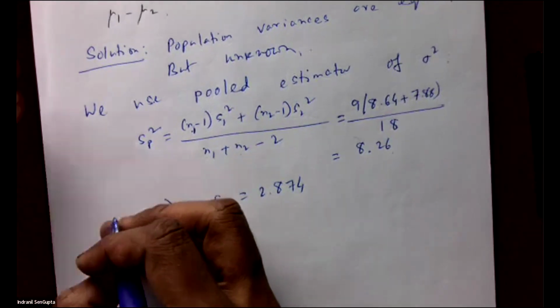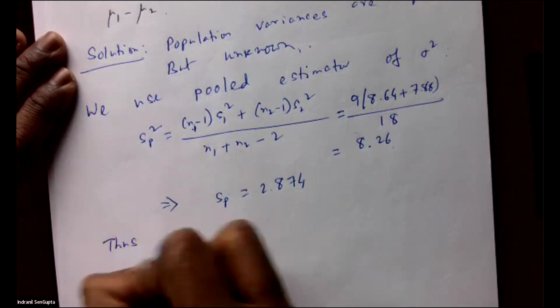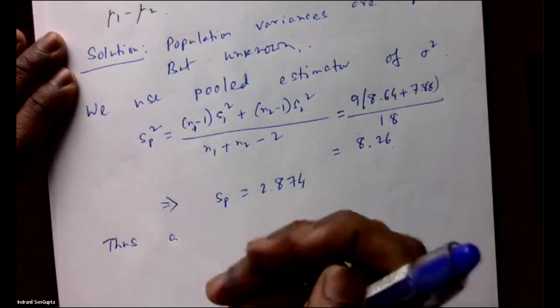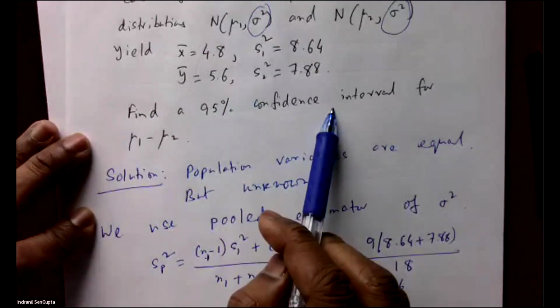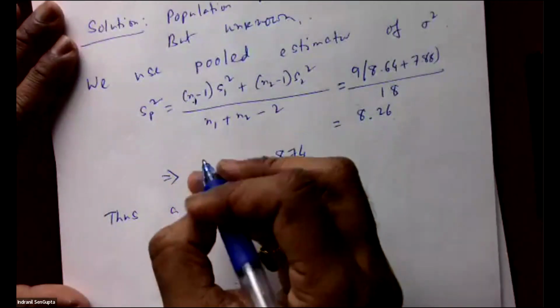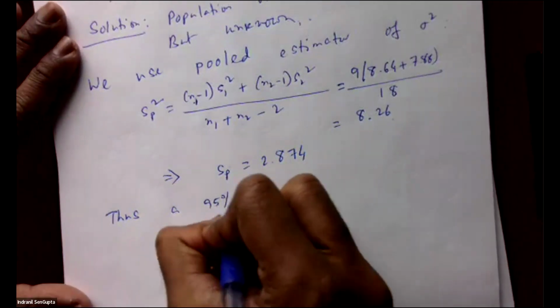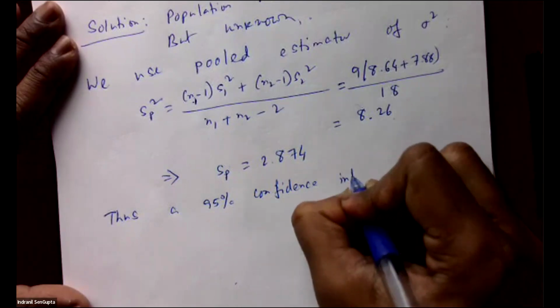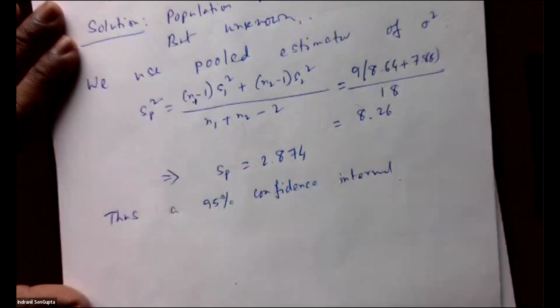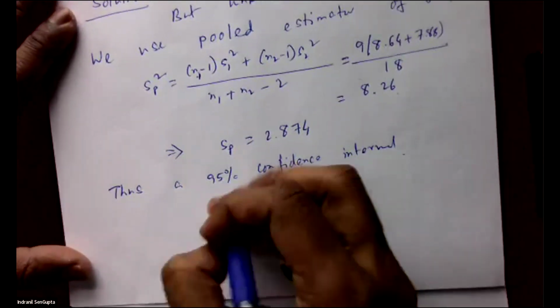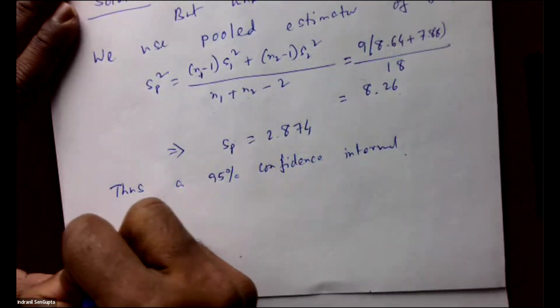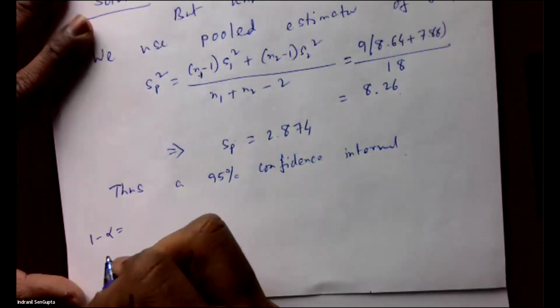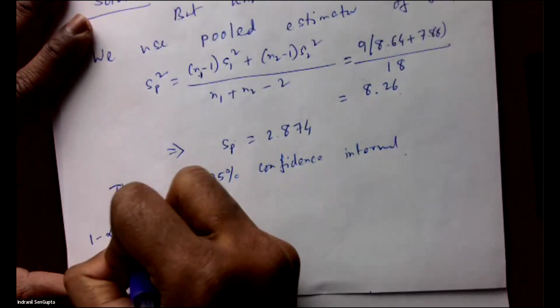So we are trying to find a 95% confidence interval. By the way, just to remind you, that means 1 minus alpha is given by 0.95.